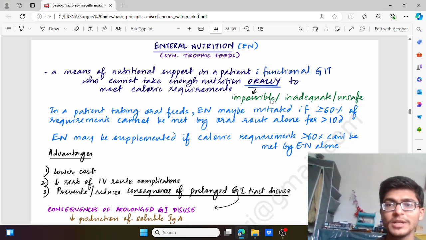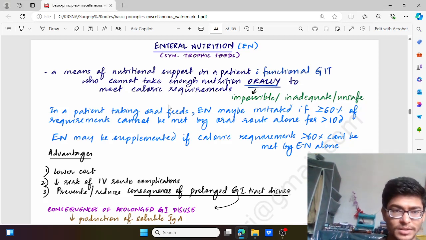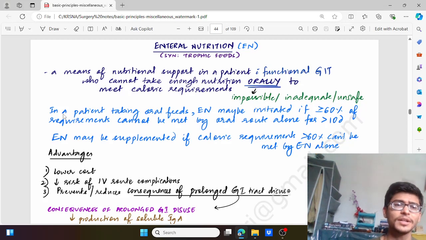Maybe it is impossible due to injury or trauma in the face, inadequate due to lack of appetite, or unsafe due to some GI or esophageal condition.